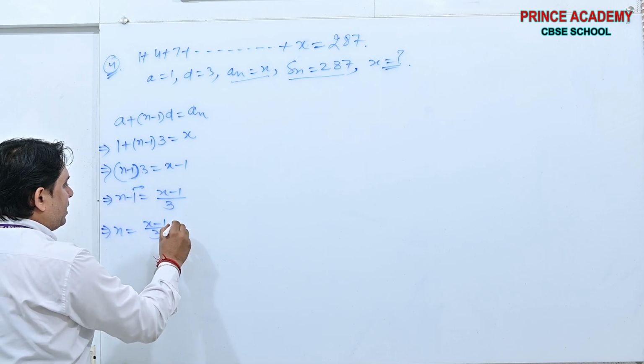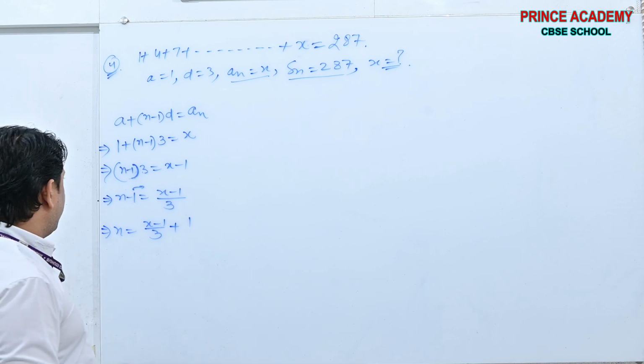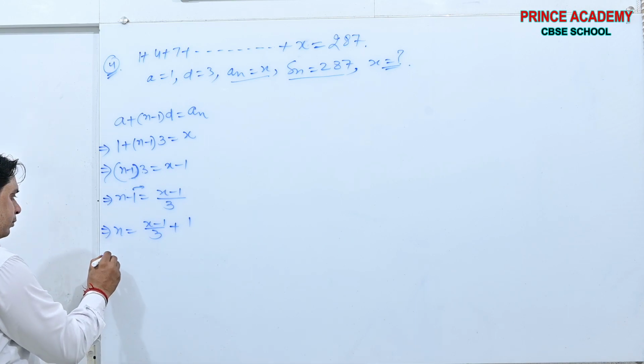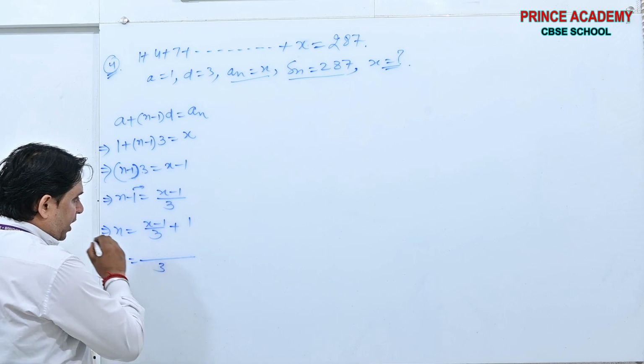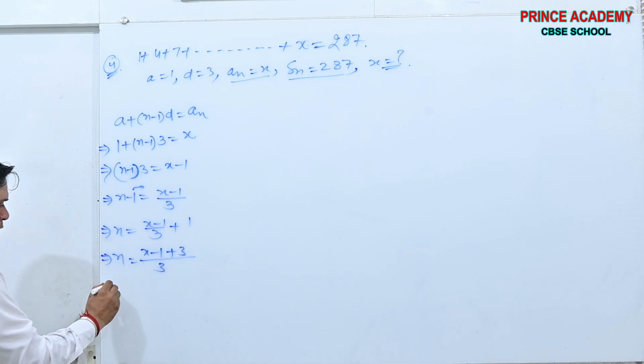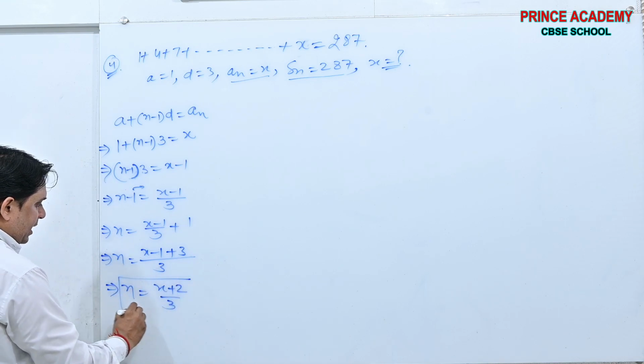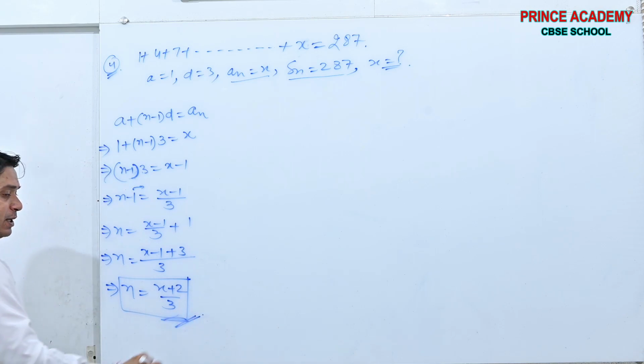Shift this to the other side, you will get plus 1. Take 3 as LCM: (x minus 1 plus 3) by 3. You will get n is equal to (x plus 2) by 3.